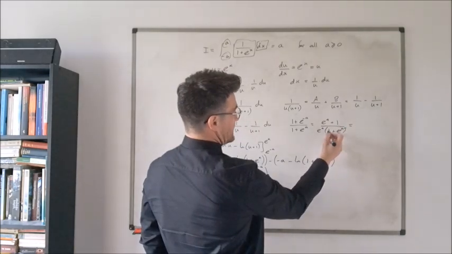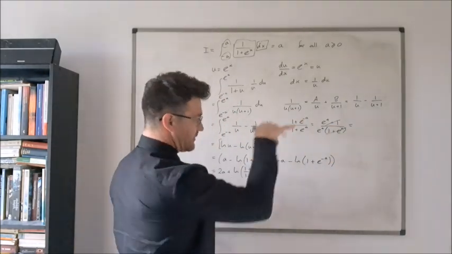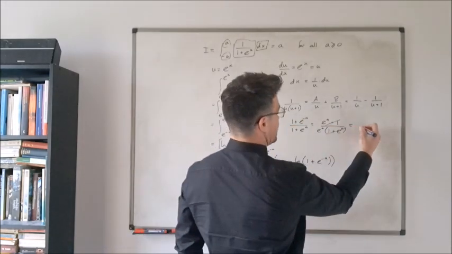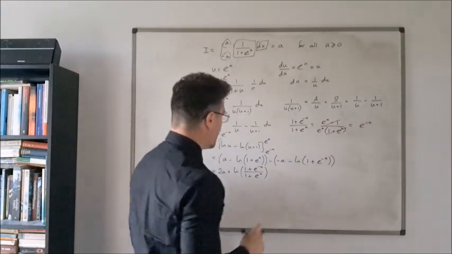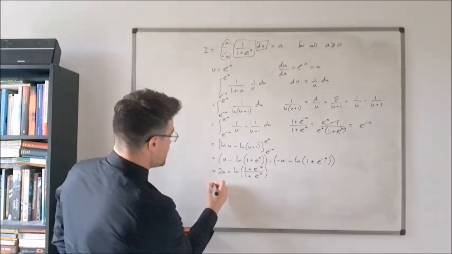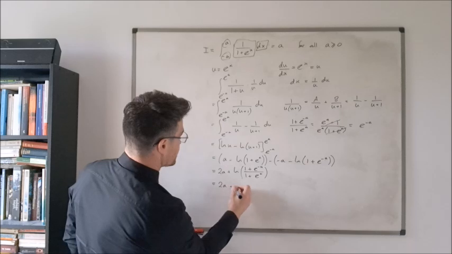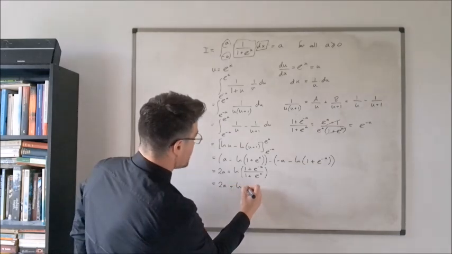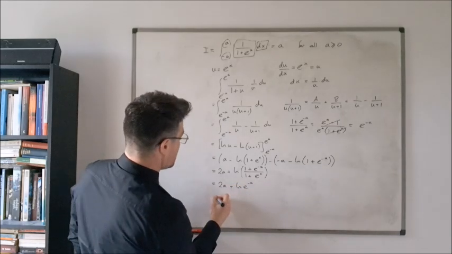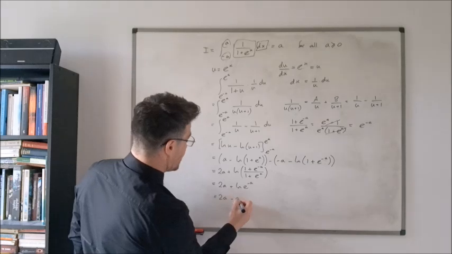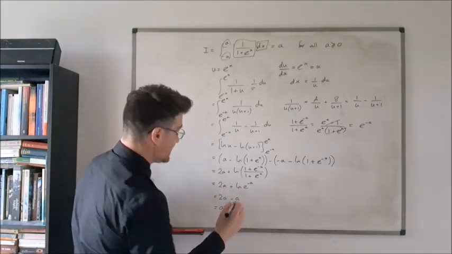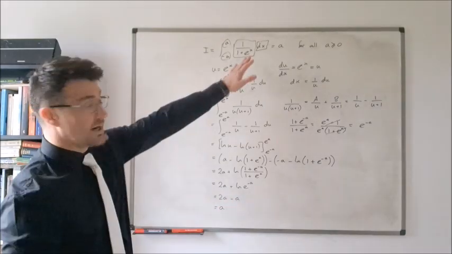Well, that then cancels with that, so we get a common factor in the numerator and denominator, and I just get e to the minus a. Aha, okay, so this is going to be equal to 2a plus the natural logarithm of e to the minus a, which of course is 2a minus a, which is just equal to a, which is exactly what I needed.